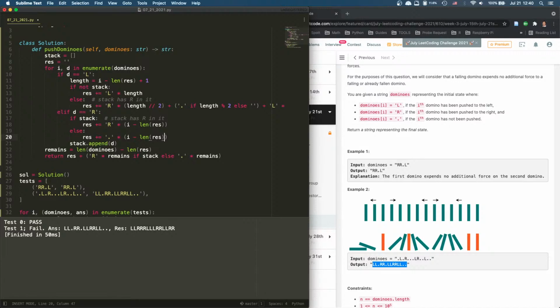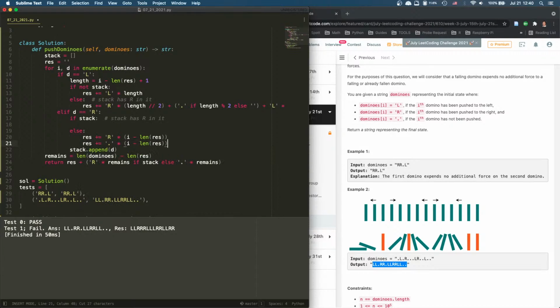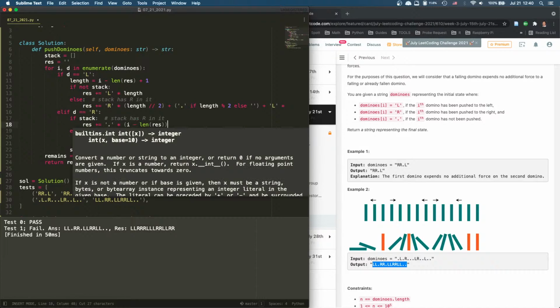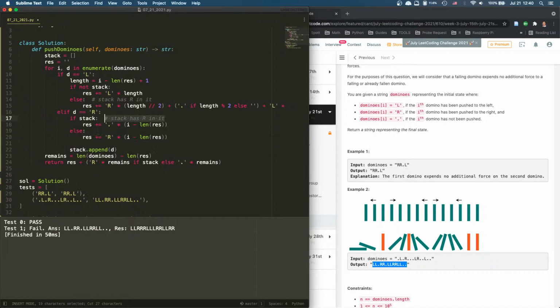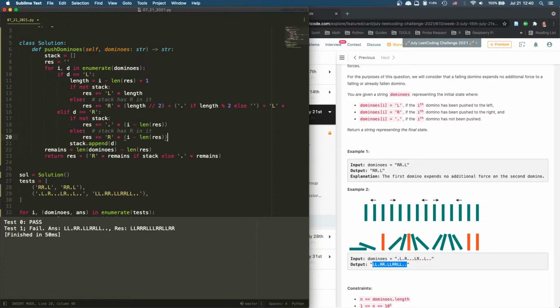Okay, that's reasonable. And I actually want to change the order just to be uniform with the previous. So when you say if not stack, do this, else if stack, do this. So this one we can solve the problem of this one.